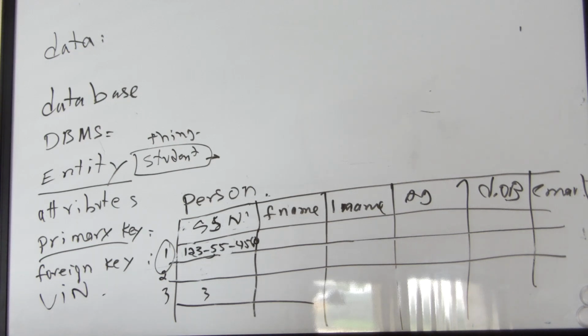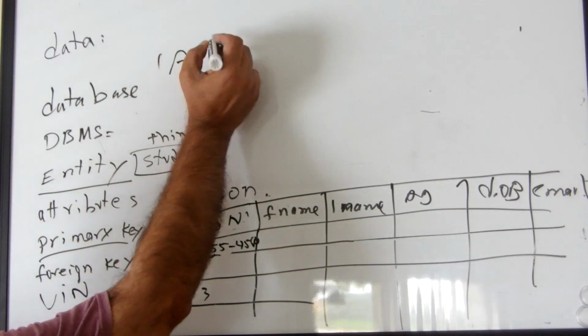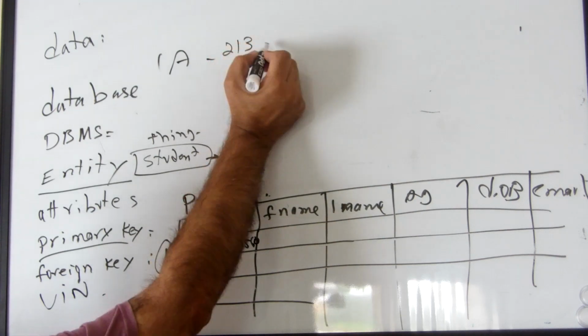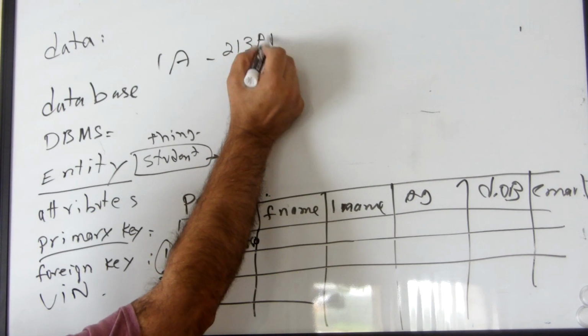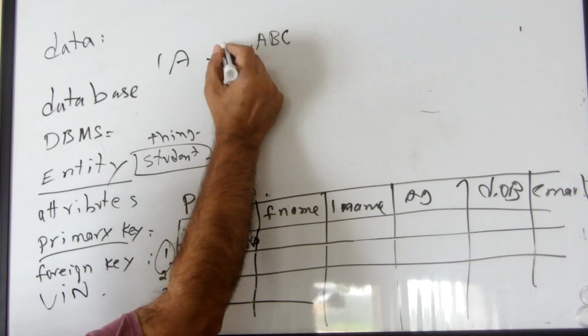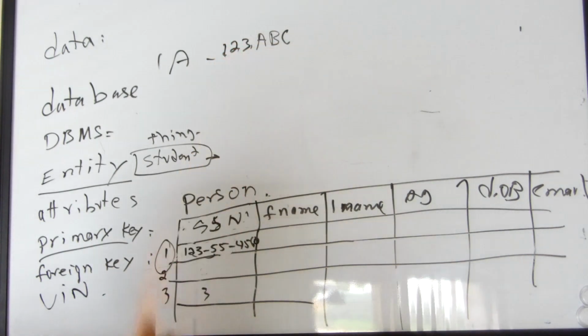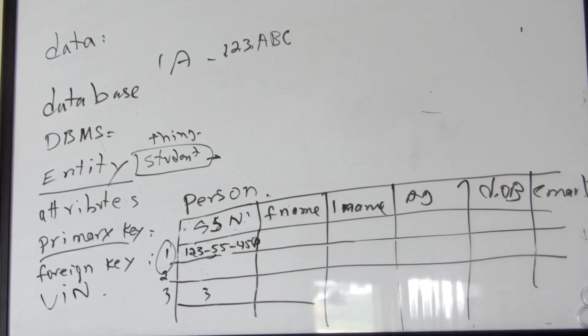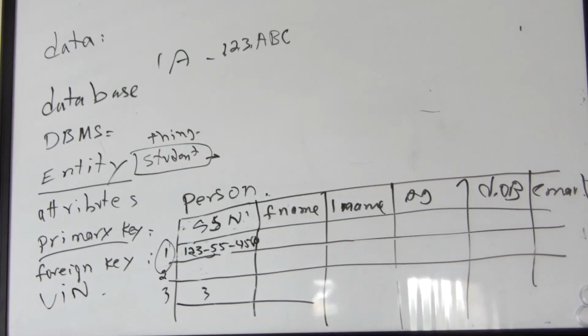Like in Idaho, you have 123 ABC, for example. That's the only way to identify each car, by its license plate.